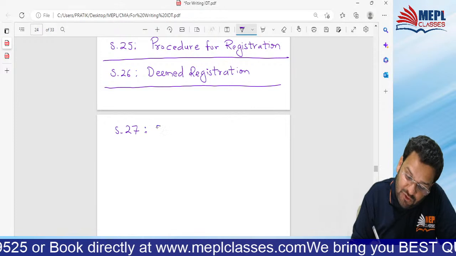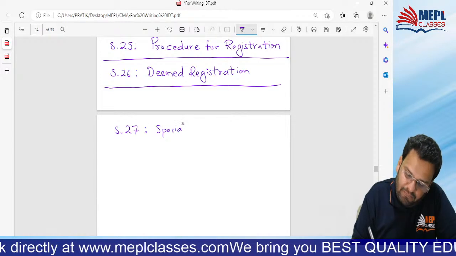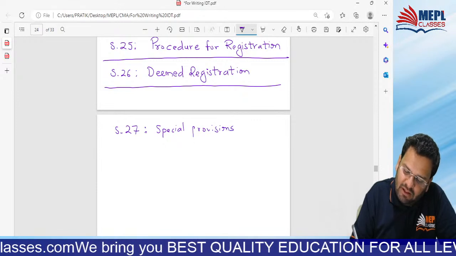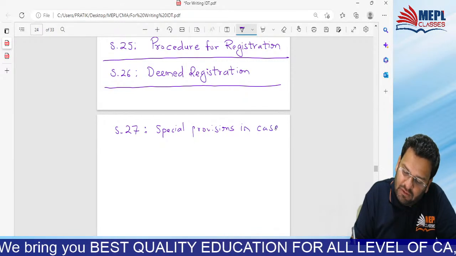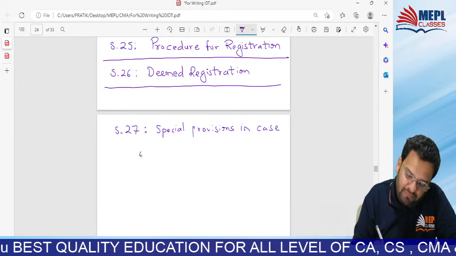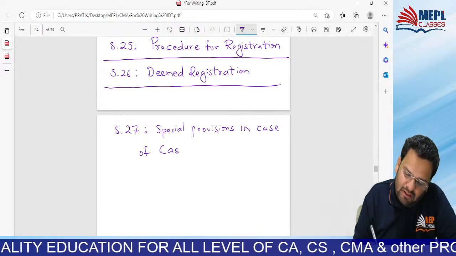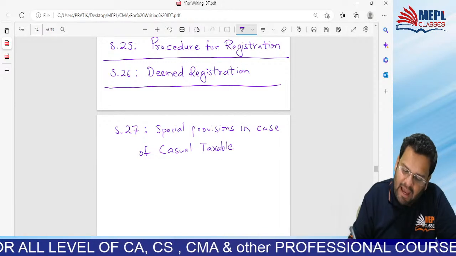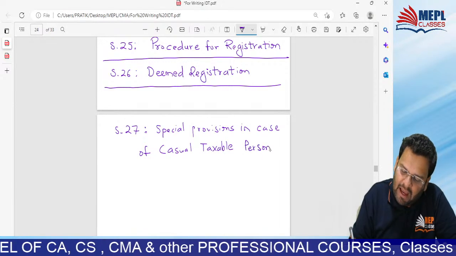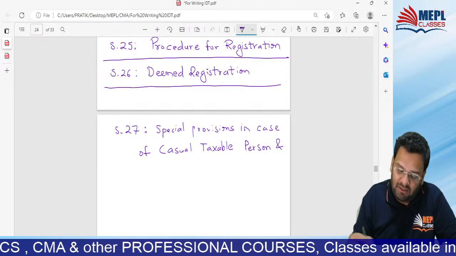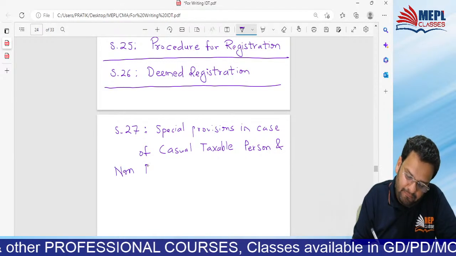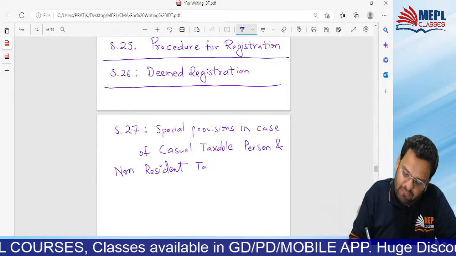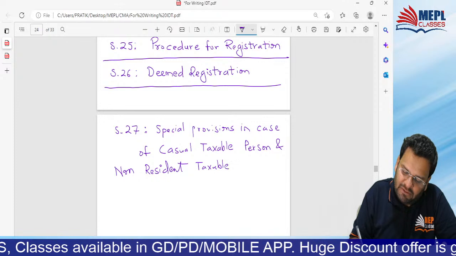27 is special provisions in case of CTP and NRTP, meaning casual taxable person and non-resident taxable person.